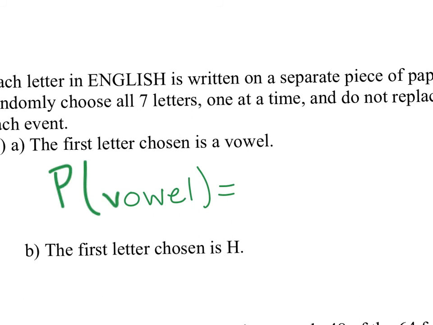So 2 of them are vowels. We have an E and an I, so it's going to be 2 out of 7, which if you divide that, you get 0.29, which is 29%.